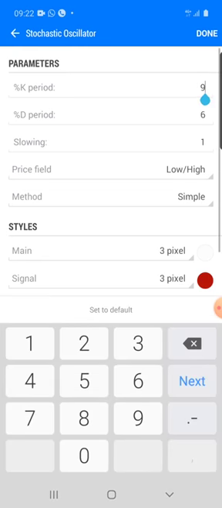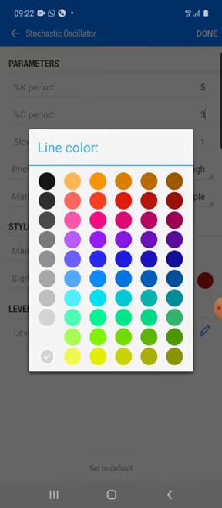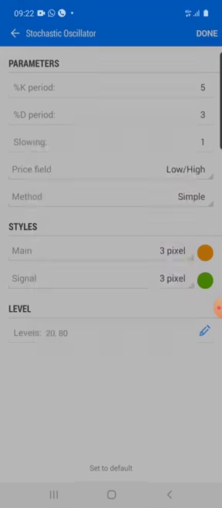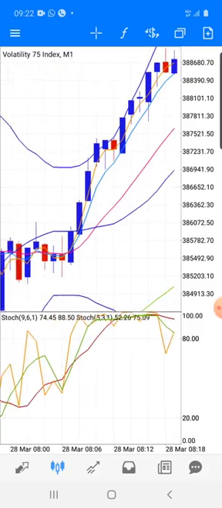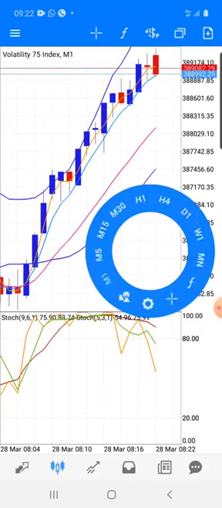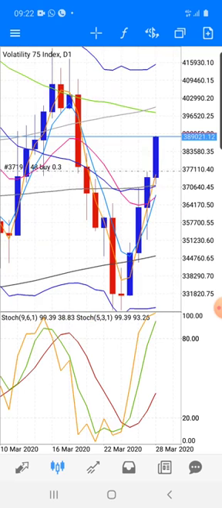But the setting for this one is 5, 3, 1, and the color is yellow and green. Done. You see it now? So both stochastics are on top of each other. You understand that, guys? All right.